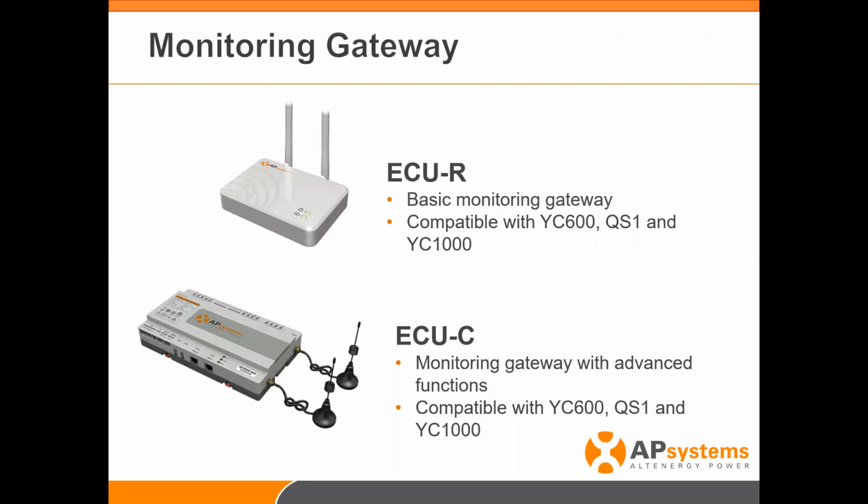Once you've made that first connection, you've fired up that device. The Zigbee chip inside that device is now energized and talking. Once it's talking, the ECU-R or ECU-C will go out and say, are you there? It'll say, hey, you're there, great. And it will record that it's there. It will start building its network as you're building the array.